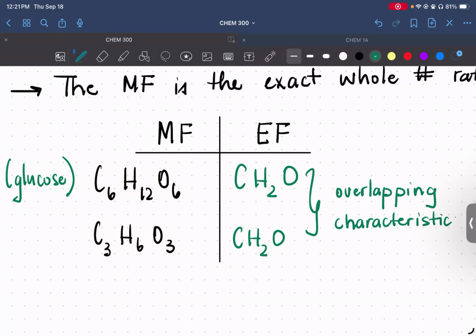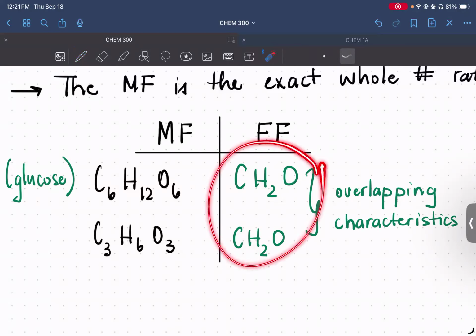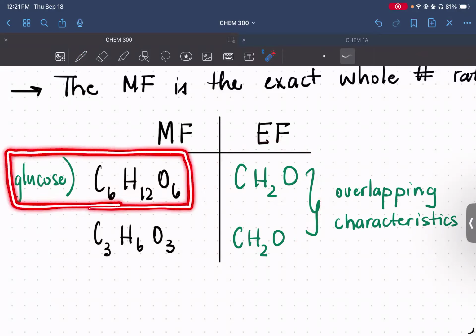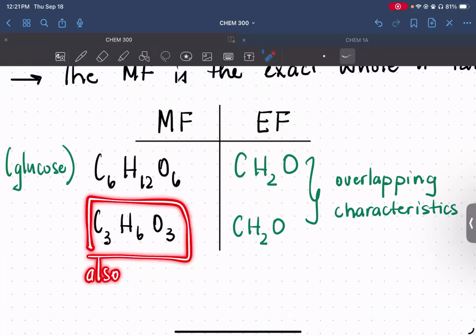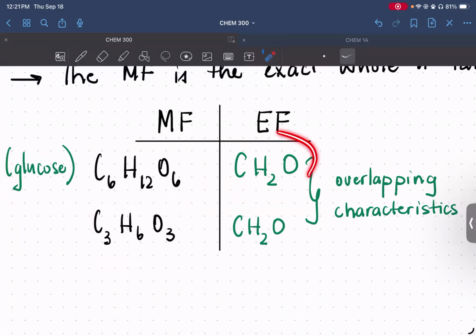In other words, they belong to the same family. Since we know that C6H12O6 is glucose, a type of sugar, an energy source, we can make the argument C3H6O3 is also some type of sugar. So being able to identify the empirical formula is incredibly useful because it allows us to make predictions without actually having to test anything.